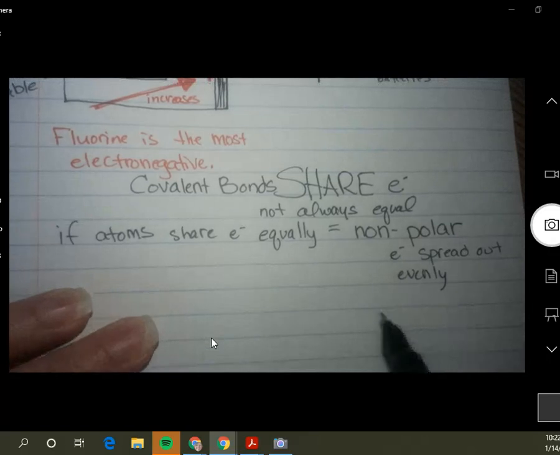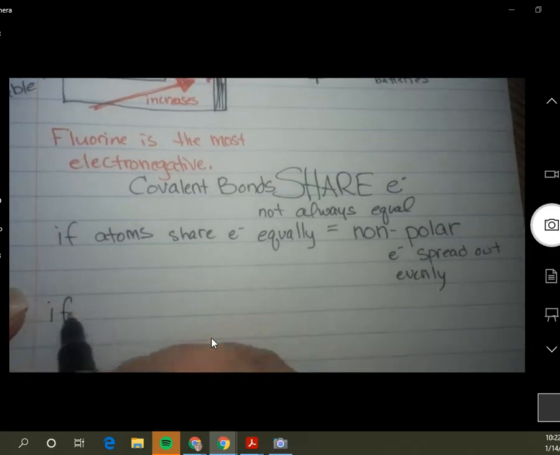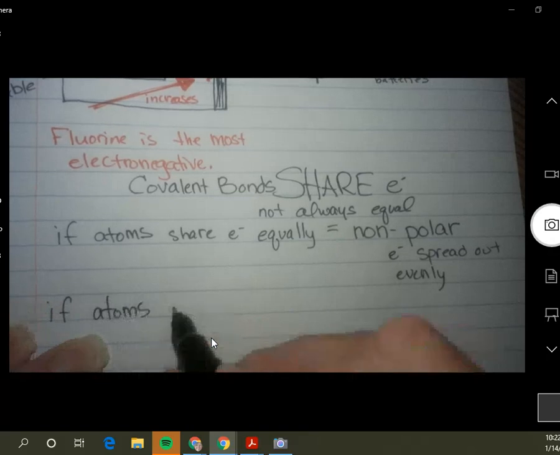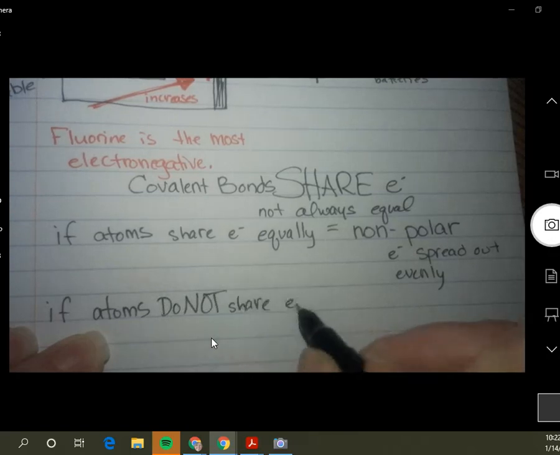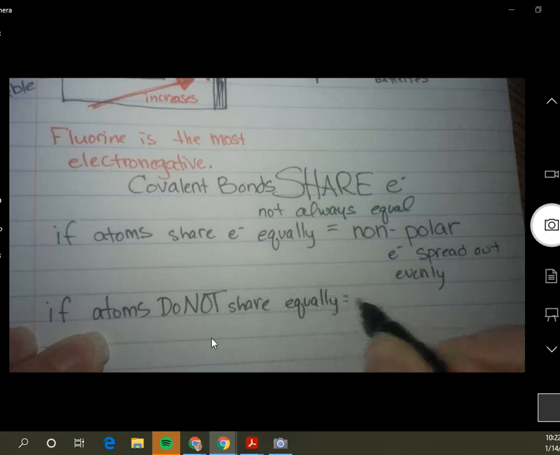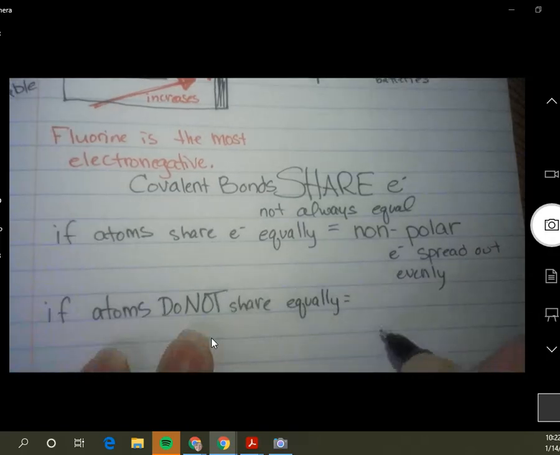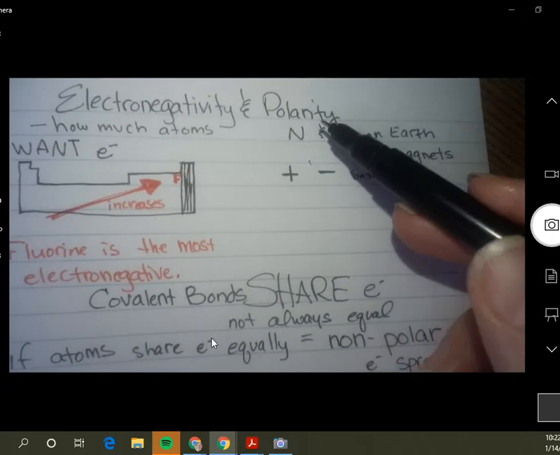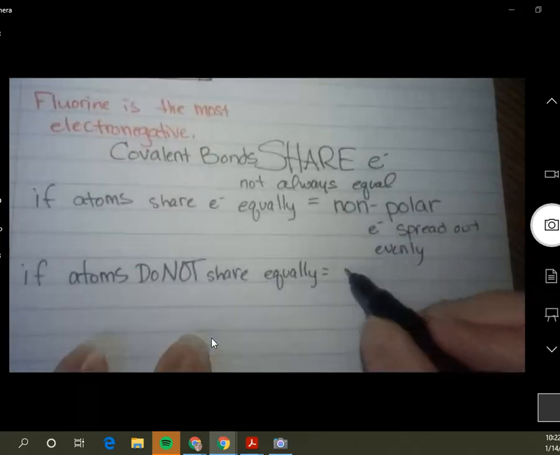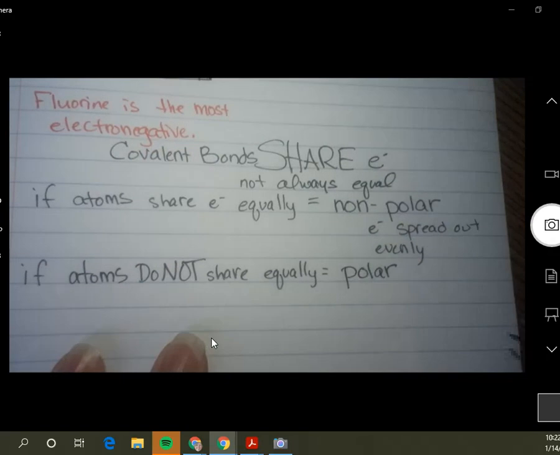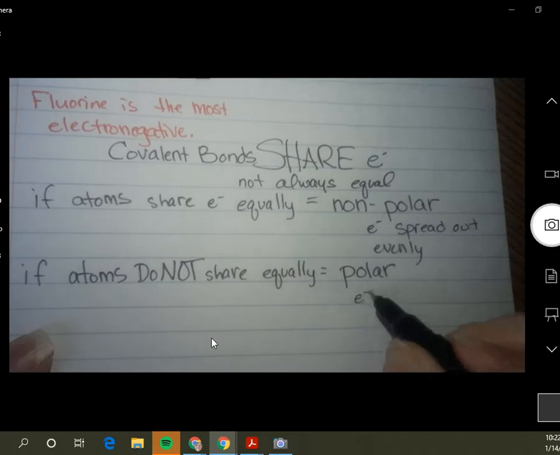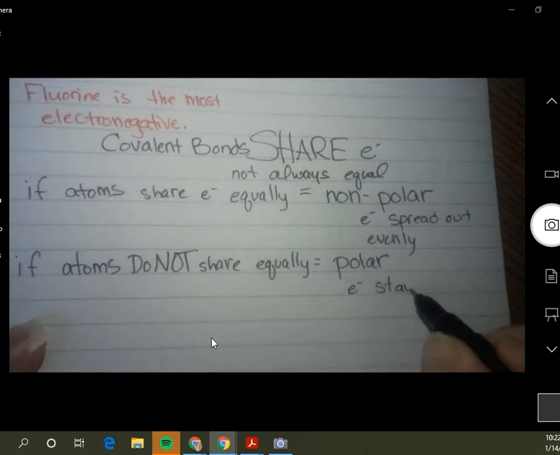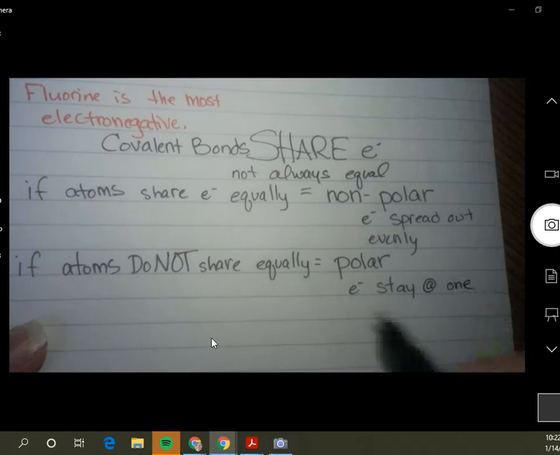We can't even share evenly and we have a conscious thought about it. But if atoms do not share equally, what's the other option? We're going to call that a polar bond. Okay? And so electrons stay at one atom more.